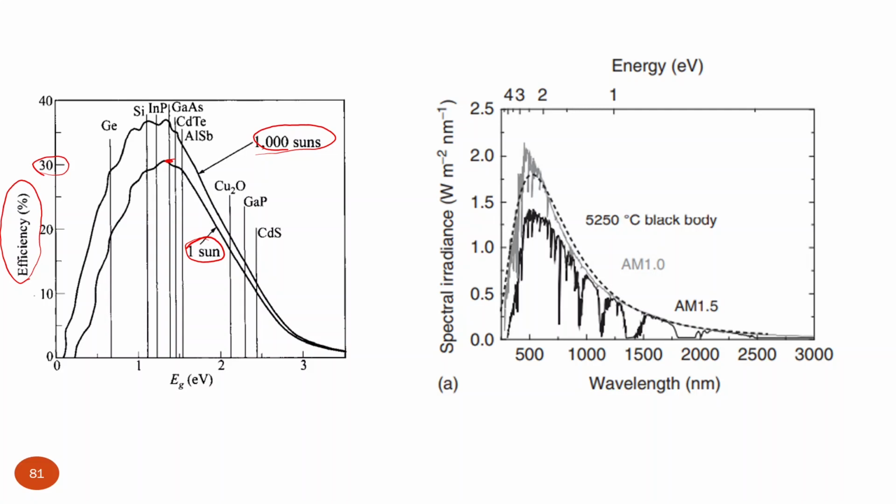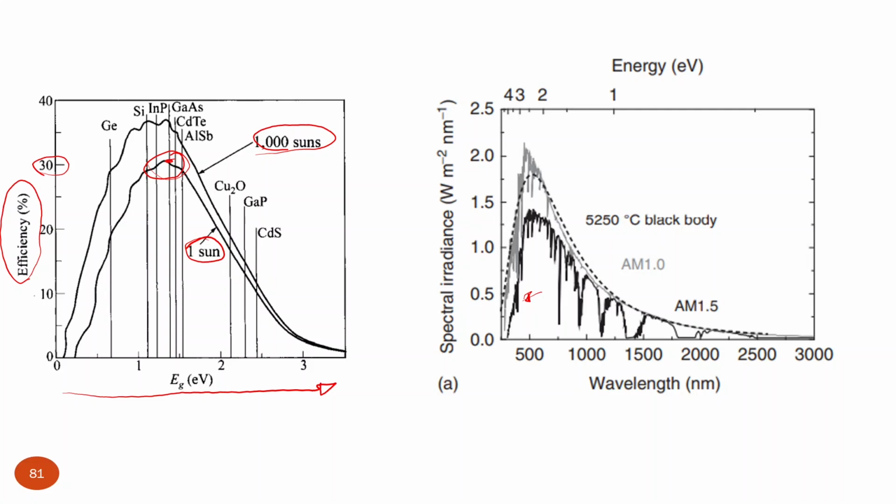And that is plotted, this theoretically calculated performance versus band gap of different materials. And we see that we actually get a curve with a maximum. So for the given spectral distribution, which is shown here with the black line, we have this efficiency versus band gap dependence.